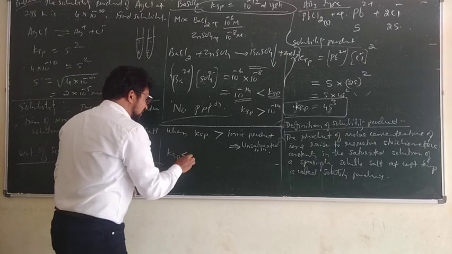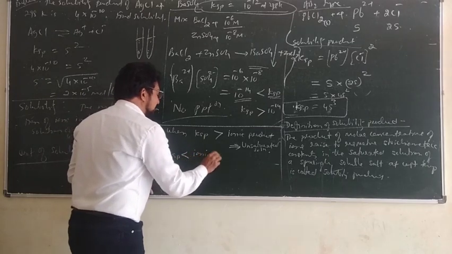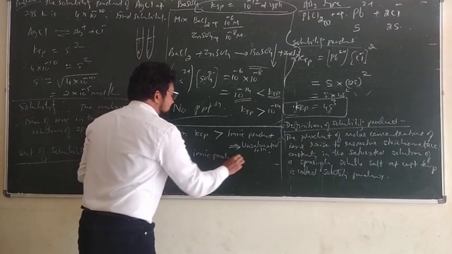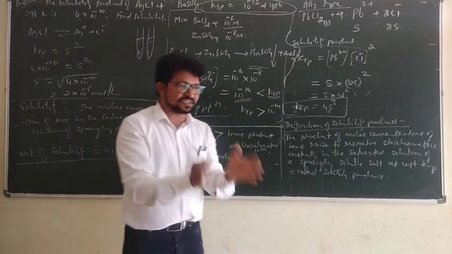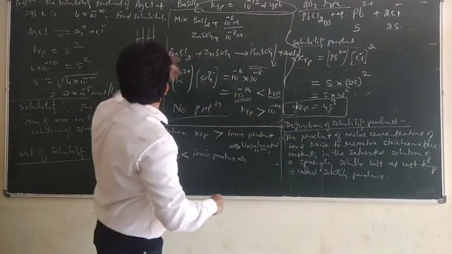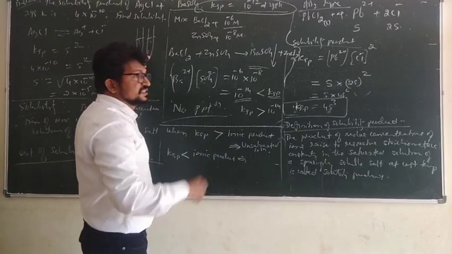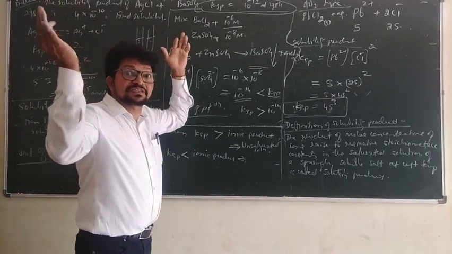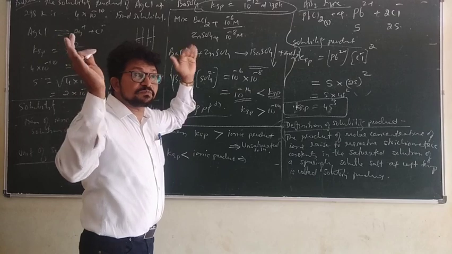You know how much is the solubility product for this salt at this temperature. Add some ions and increase the concentration. Since the individual salts are completely soluble, they won't precipitate.